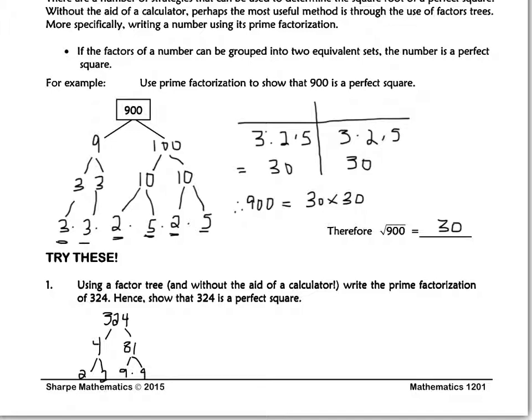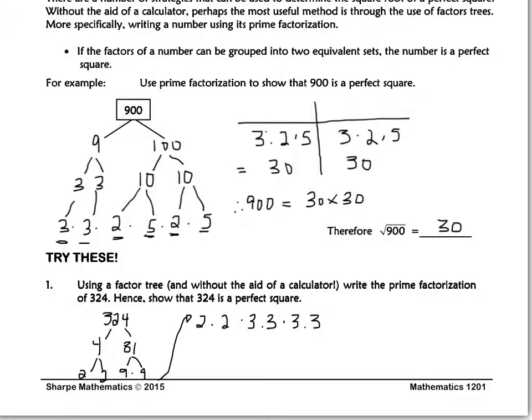Now, you can actually go down one step further to 9 is 3 times 3, but I can see there that I'm going to have two perfect groups right now. If you know that, you can go ahead and start breaking them up into two even groups, but sometimes you might not see it till the very last step. So I'll go down to the last step. 9 would be 3 times 3, and then another 9 would be 3 times 3.